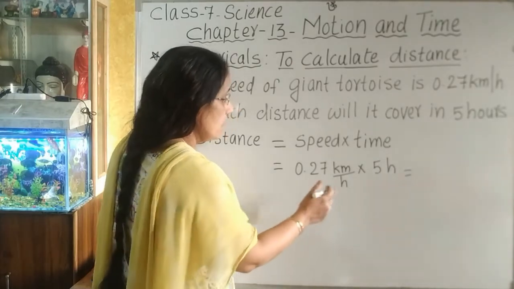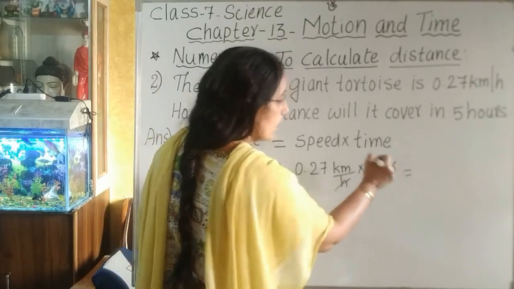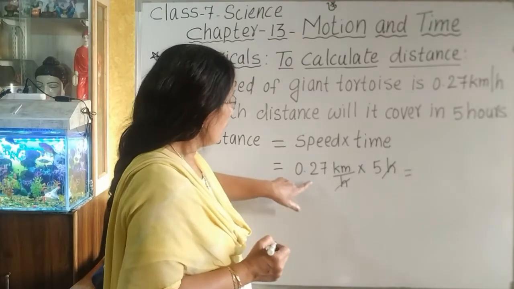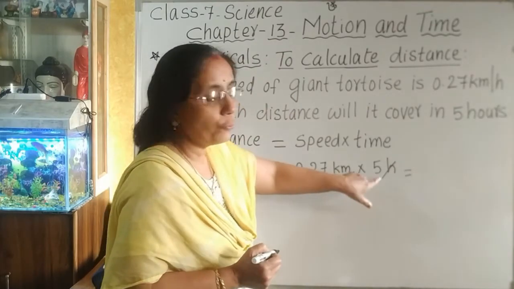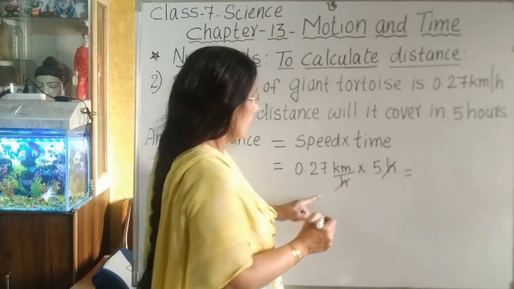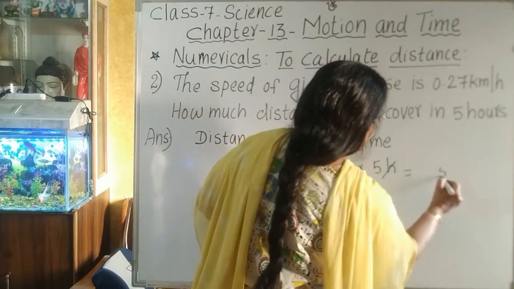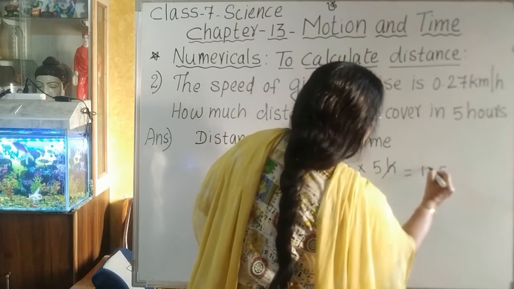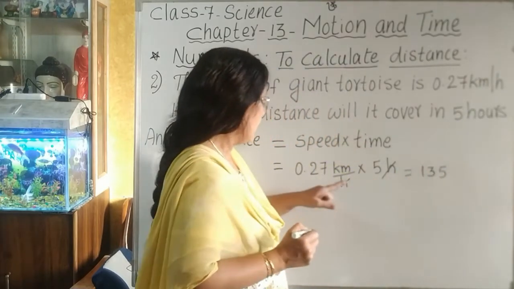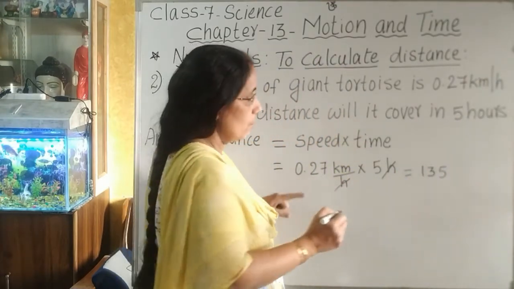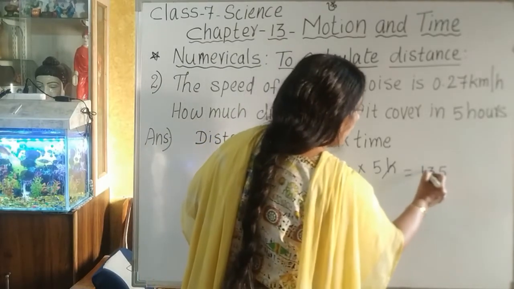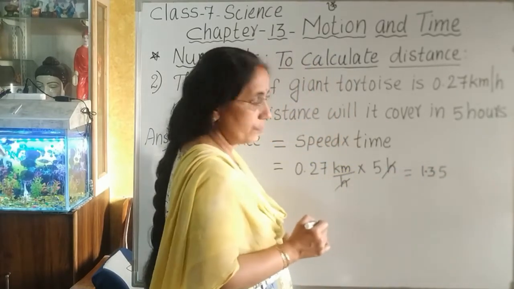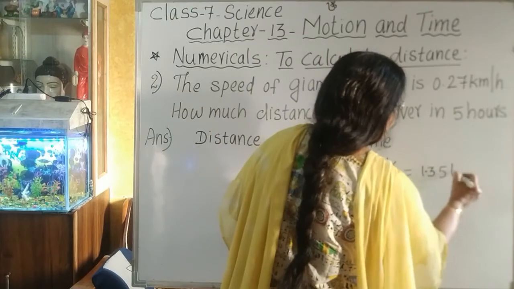See, the units hour and hour will be cancelled here, and 0.27 into 5, that is 7 5s are 35, 2 5s are 10, that is 30. But here there are 2 decimal points. So we have to put the decimal point here, 1.35. What is the unit?